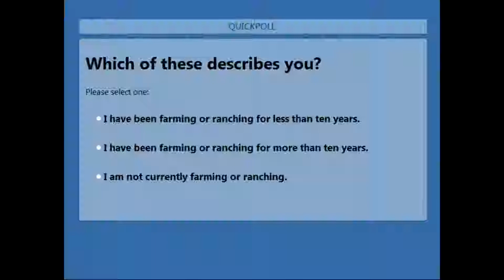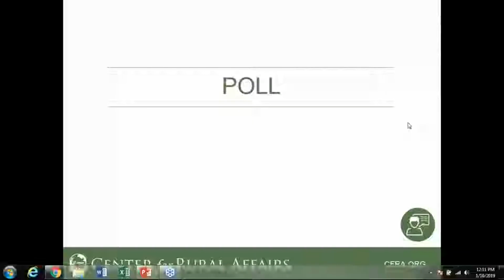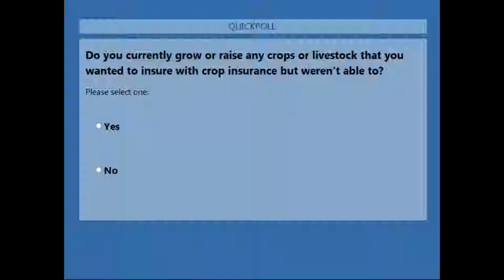We have another quick poll specific to whole farm, so I can have a sense of how useful whole farm might be for you. Do you currently grow or raise crops or livestock that you want to insure with crop insurance, but you weren't able to?